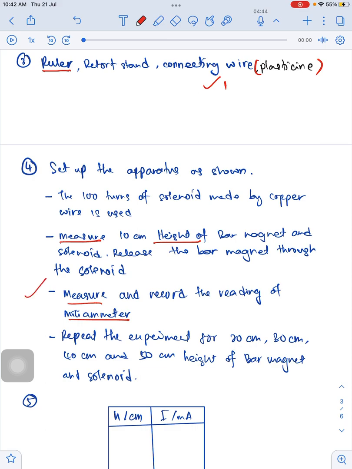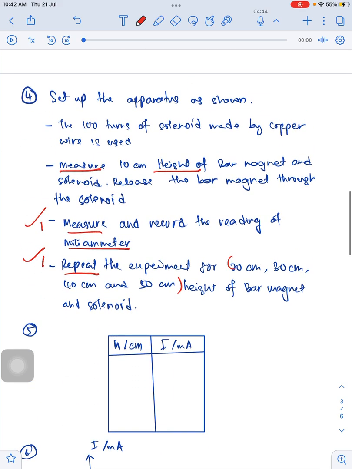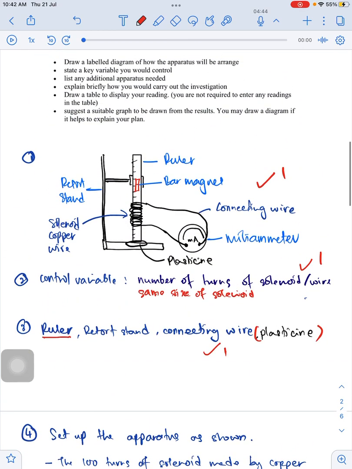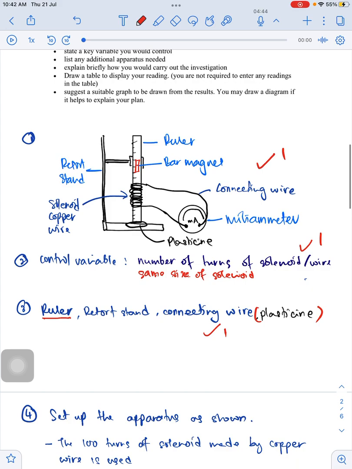So here is 1 mark, and then you get another 1 mark for repeating the experiment. An additional mark will be given if you state at least 5 repetitions of the value.